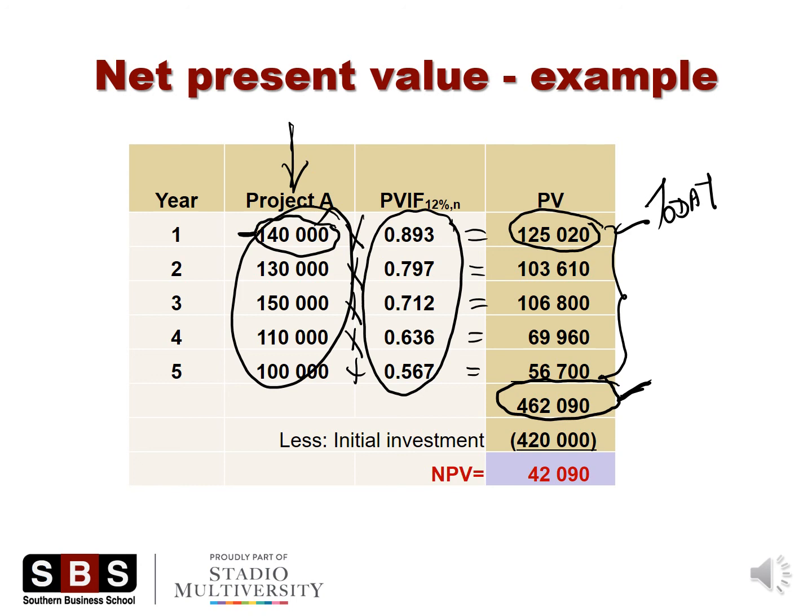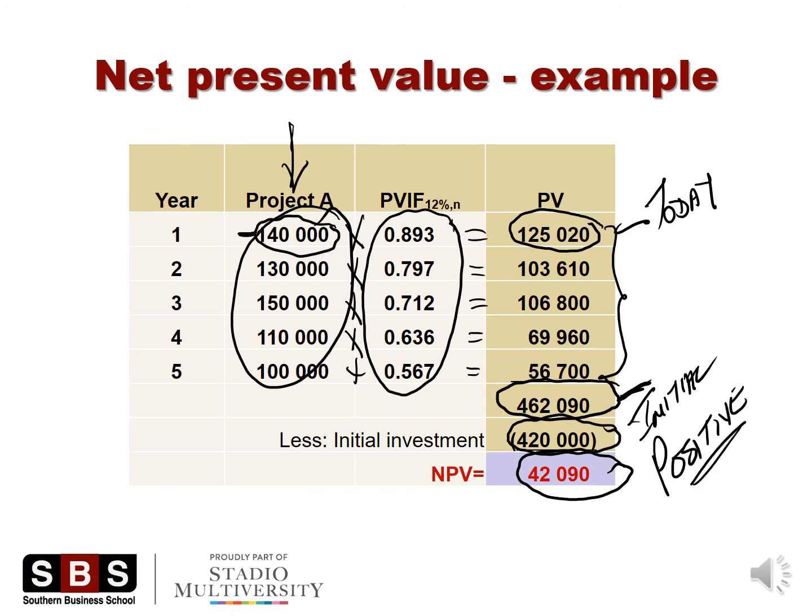If you recall from the previous slide, the initial investment was 420,000. So the 420,000 represents the initial investment. We now subtract the initial investment from the total present value of these cash flows, and we see that the difference is positive.